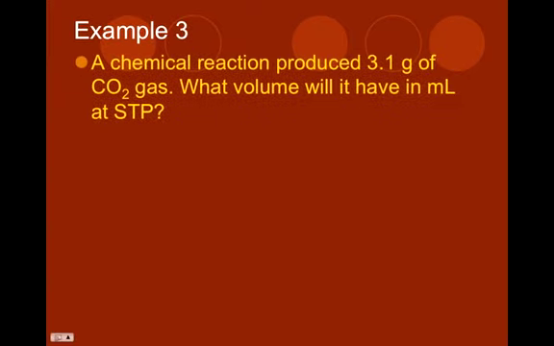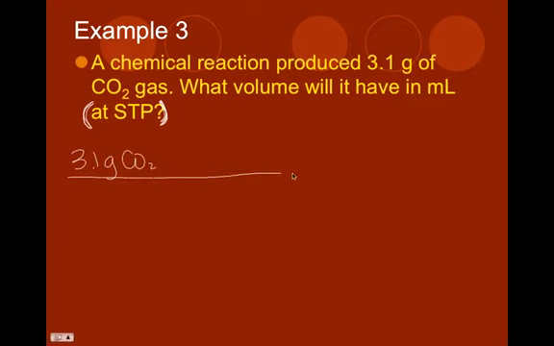Okay, another example. A chemical reaction produced 3.1 grams of CO2 gas. What volume will it have in milliliters at STP? That means I get to use 22.4. I keep reiterating this because, yes, there will be a point where you don't have STP. So we start with the number that we were given, 3.1 grams of CO2.